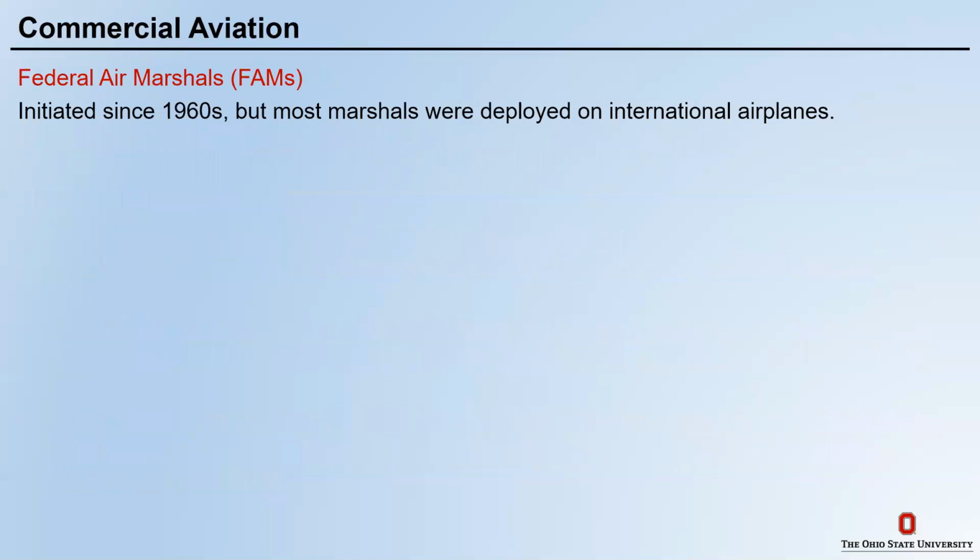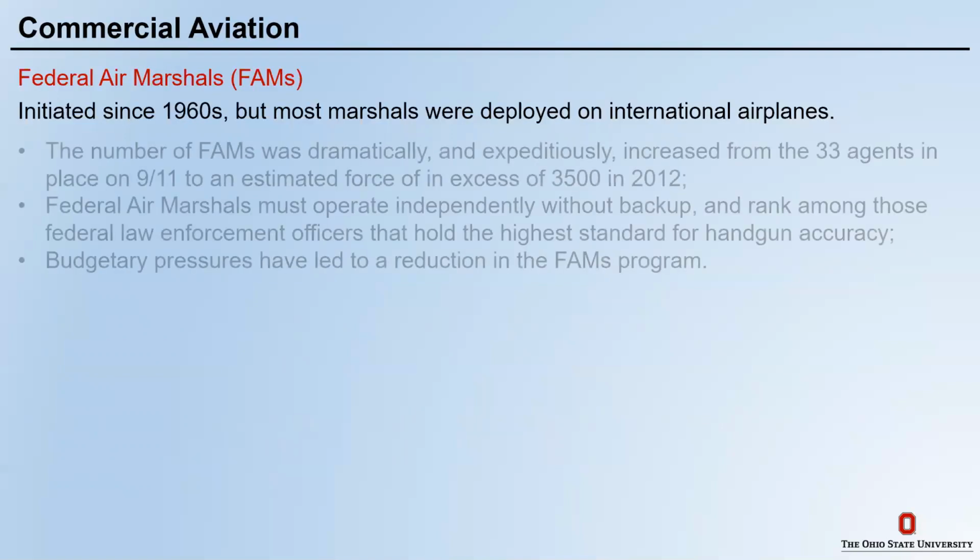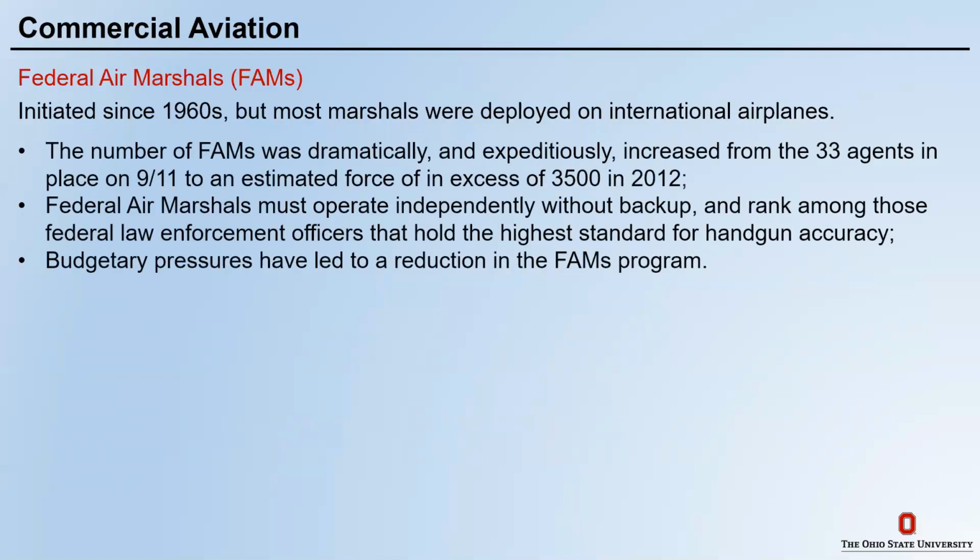Next one, I mentioned this program before in formal lectures. It's called the Federal Air Marshal Service, or FAMS. It was initiated in the 1960s, very early, but most marshals before 9/11 were deployed on international airplanes serving the United States. After 9/11, the number of Federal Air Marshals was dramatically increased from 33 agents before 9/11 to an estimated force of more than 3,500 in 2012.